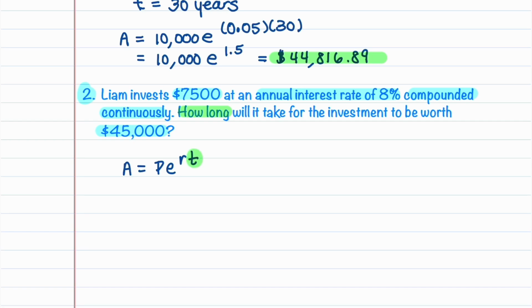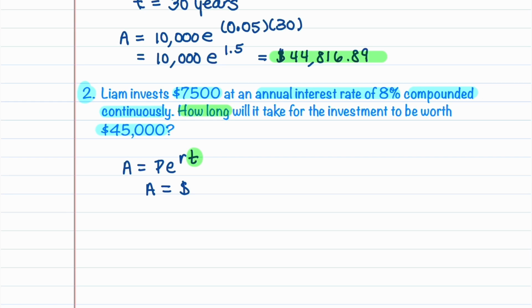Let's write down what all the other values are. A is the amount the account's going to be worth, and that is $45,000. P is the principal, that's the amount invested, and that is going to be $7,500.